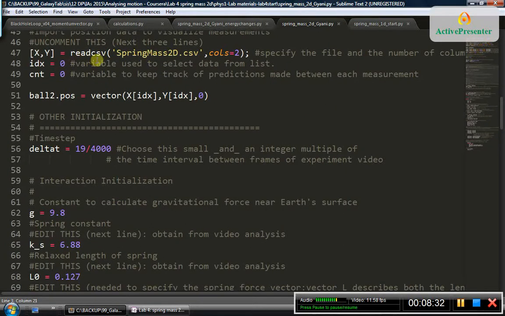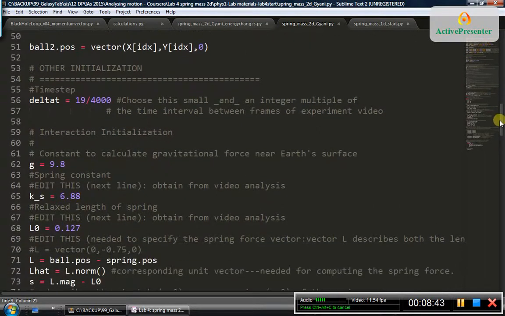Here we are taking the data from the tracker, which we saved in a CSV file, and this is the ball which is used to show the tracker data, and the increment in time is 1/20th of the time interval between each frame in our video, which we analyzed using tracker.